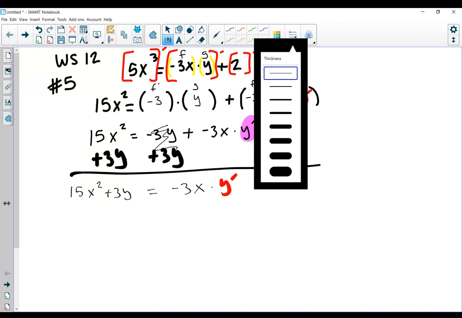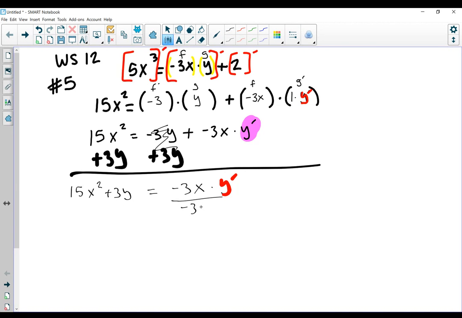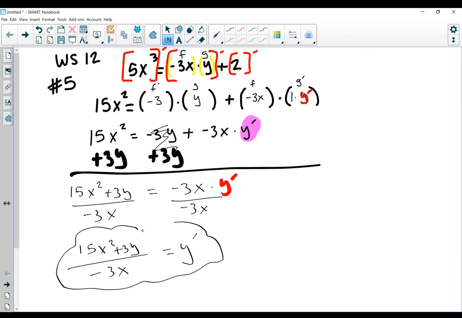Now I divide everything by negative 3x, and that's what you get. Y prime equals 15x squared plus 3y all over negative 3x. Happy face. It's barely happy, by the way.